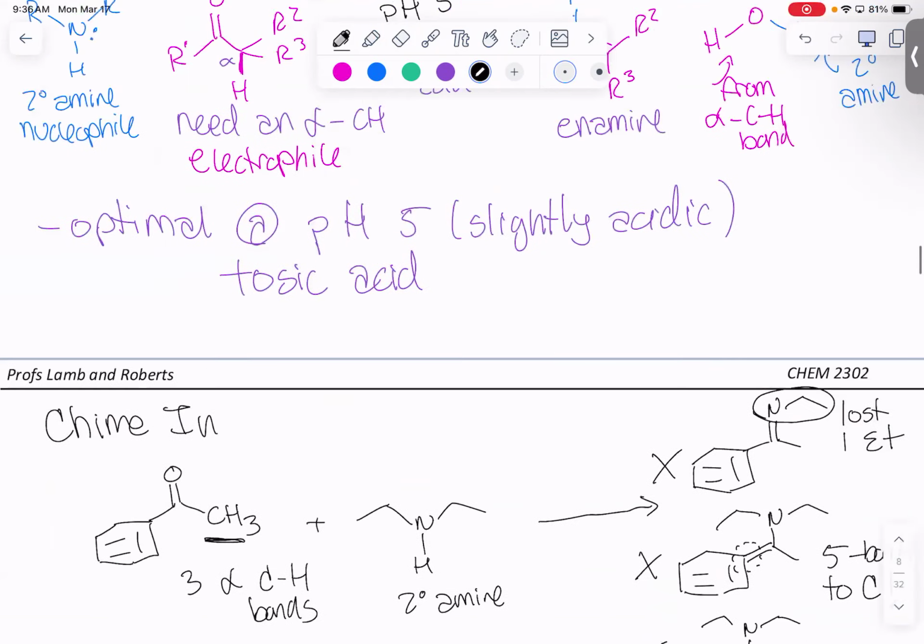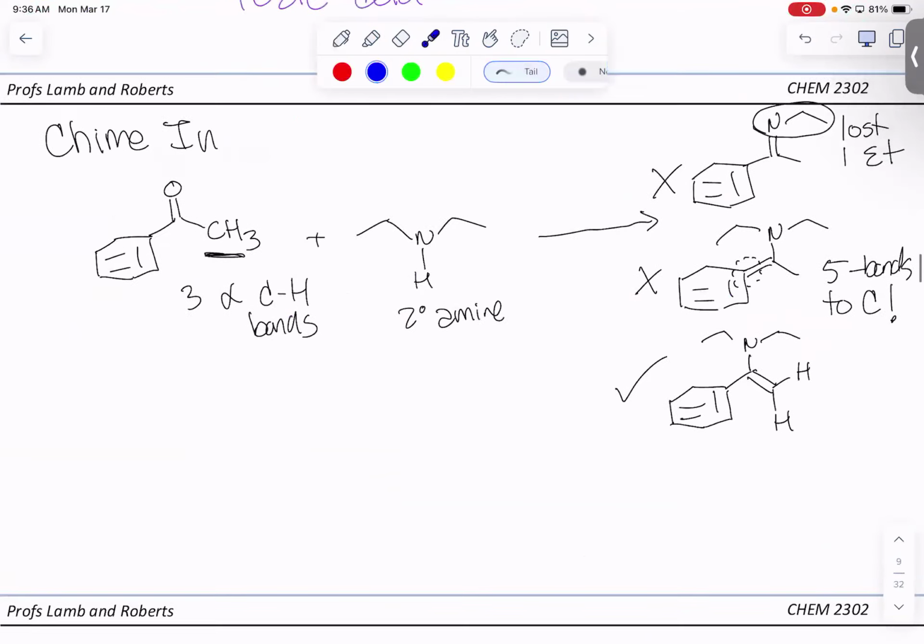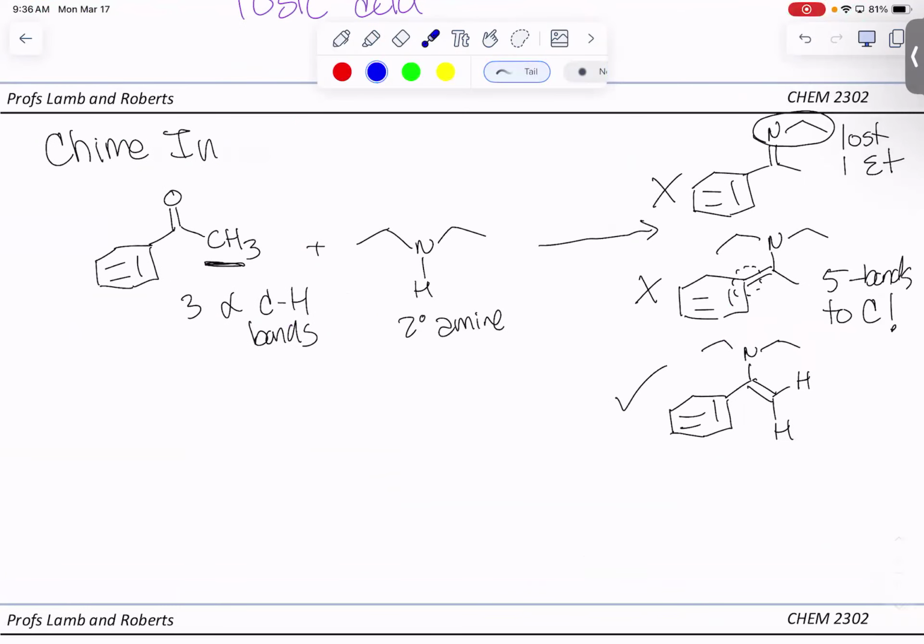And when we took a look at our byproducts and our products of our reaction here, we see our enamine is going to have only 2 groups on it. It's going to be an alkene, and then we're going to lose an alpha CH bond. And so that is what we can kind of do, a critical assessment of this chime-in question as we're thinking about that. All right, so don't worry, we'll do many more examples.